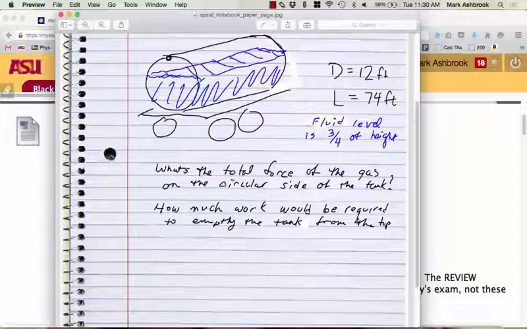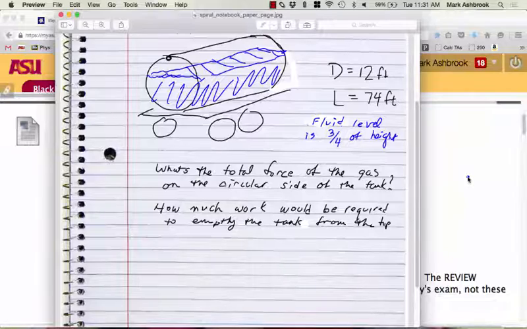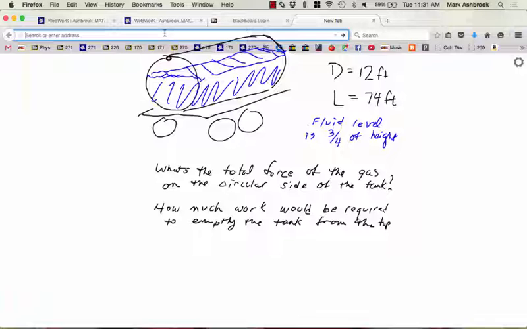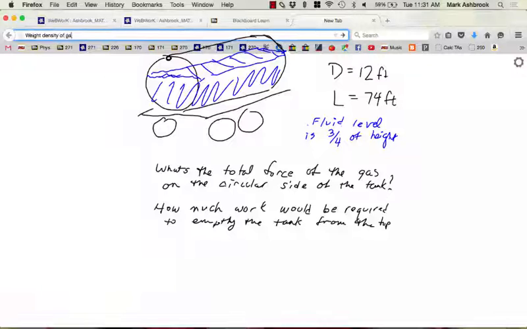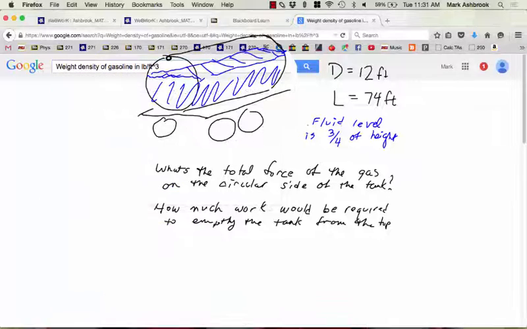So we need the weight density of gas. Of course, I asked for weight density and they gave me a mass density. So put weight density of petrol.